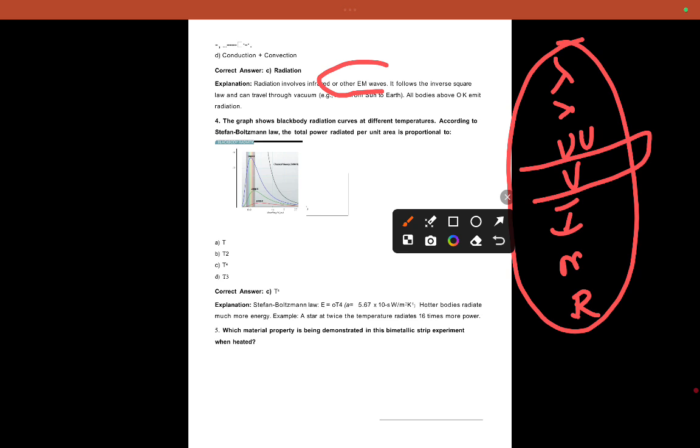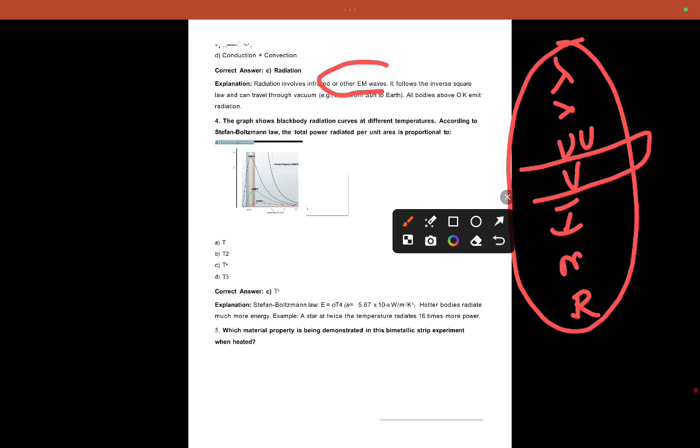Radiations follow the inverse square law. They can travel through vacuum also, whereas sound does not travel in vacuum. All bodies above 0 Kelvin, hot or colder, emit electromagnetic waves. So your answer is direct transmission, that is radiation.